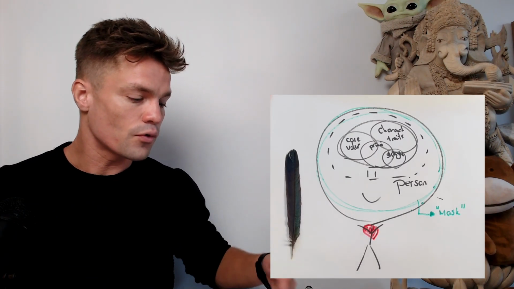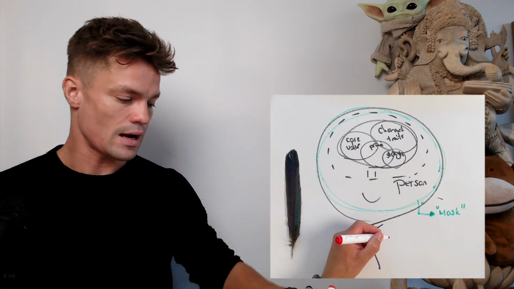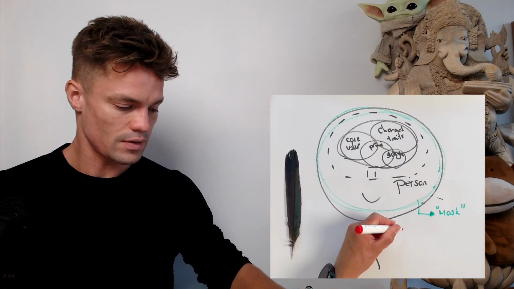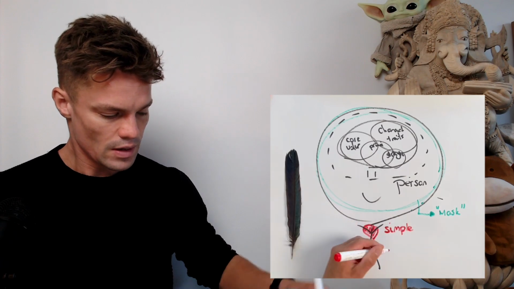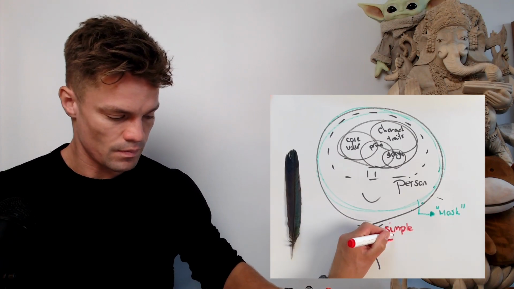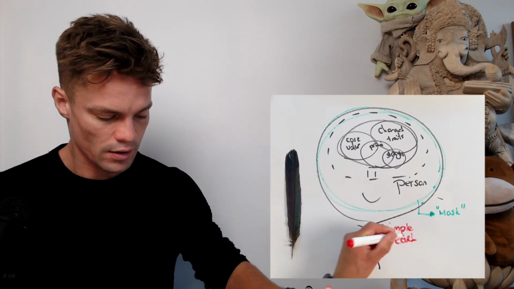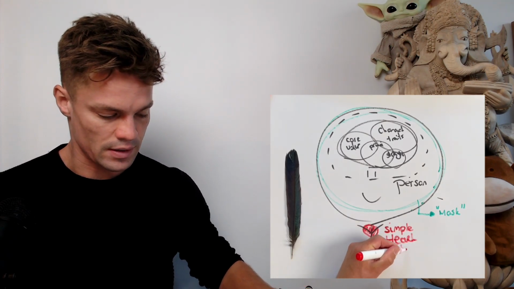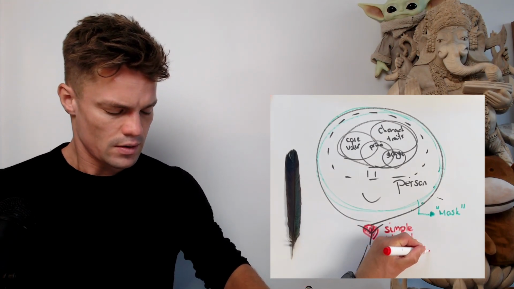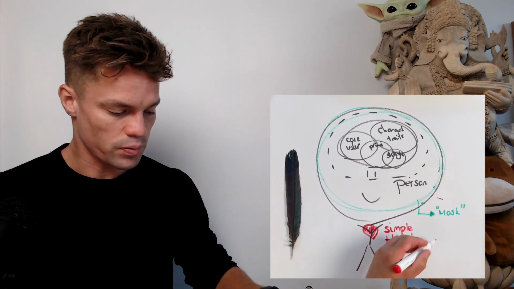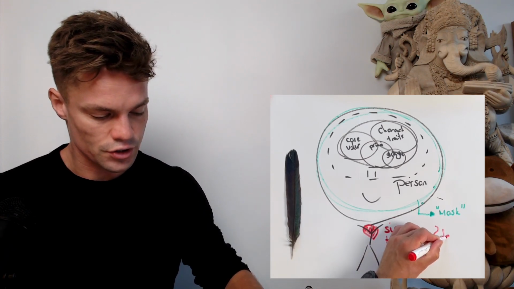So if you want to improve your personality, I would stick to keep it simple, and I would say make it more authentic. This is also known as the process of deconstruction.